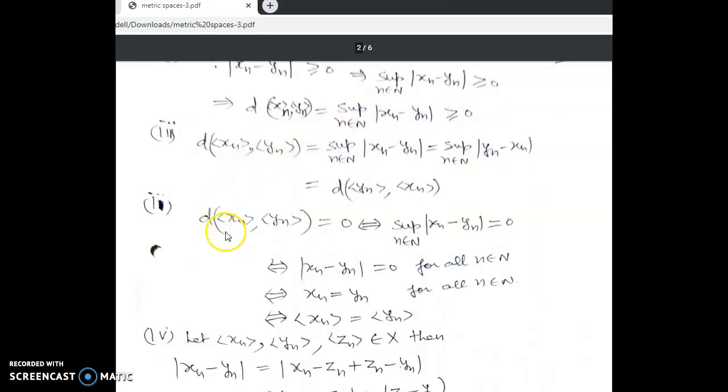Second property: if d of (xn, yn) is 0, then the supremum of mod of xn minus yn must be 0, and this implies that xn minus yn is equal to 0 for all n belonging to N, and so xn will be equal to yn, and therefore the sequence (xn) will be equal to the sequence (yn). Conversely, if the sequence (xn) is equal to (yn), then xn is equal to yn for all n, so the difference xn minus yn must be 0, its supremum is 0, and therefore the distance must be 0. So the second property is proved.